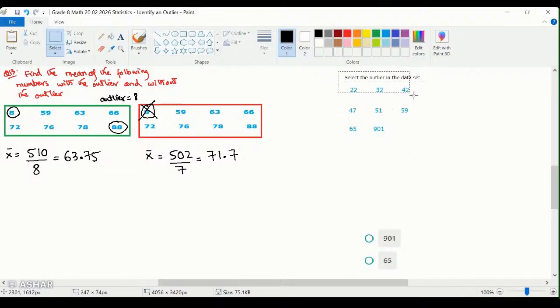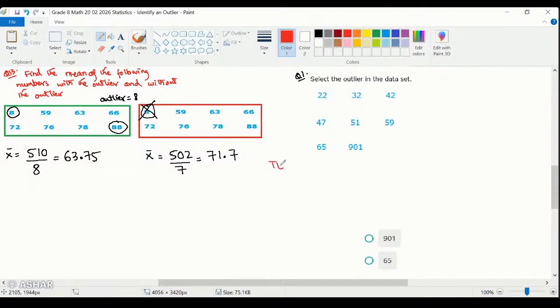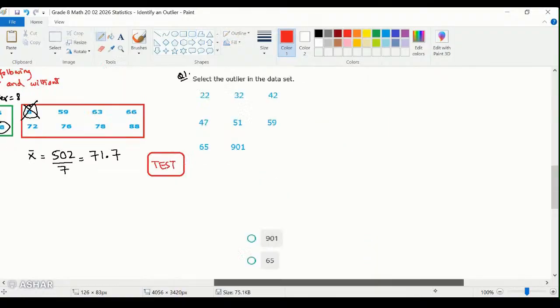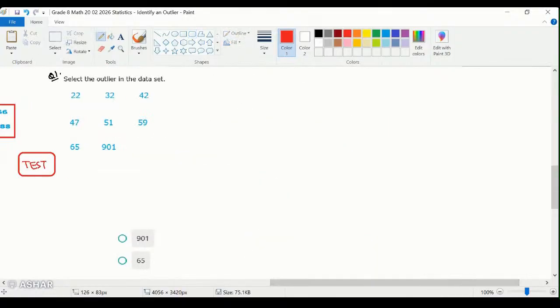Okay, let's see what can be the answer. If this is our question number 1 from the test, what should be the answer? What should be the outlier? Let's try doing it quickly. The numbers are given in ascending order, right? Can you help me identify the outlier?